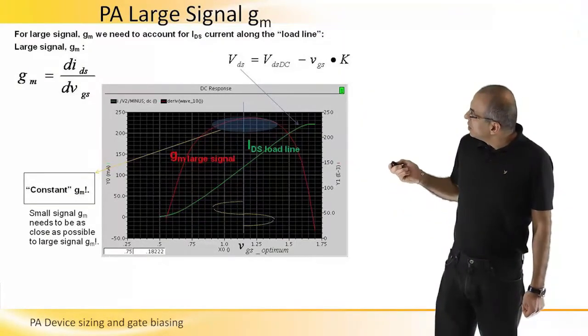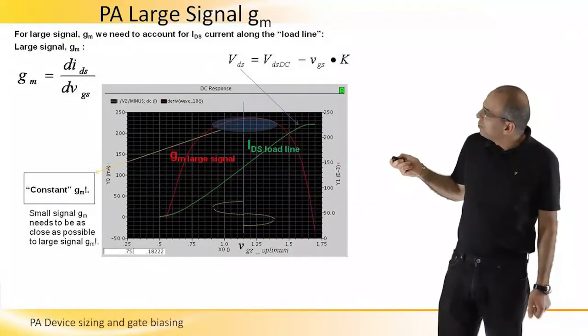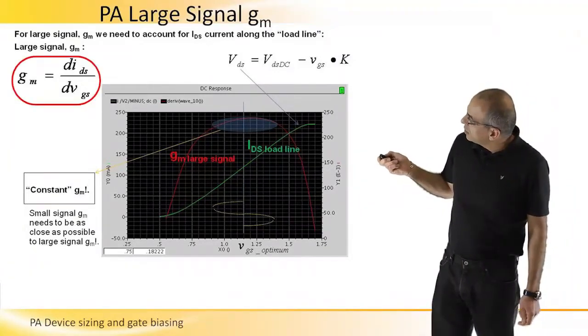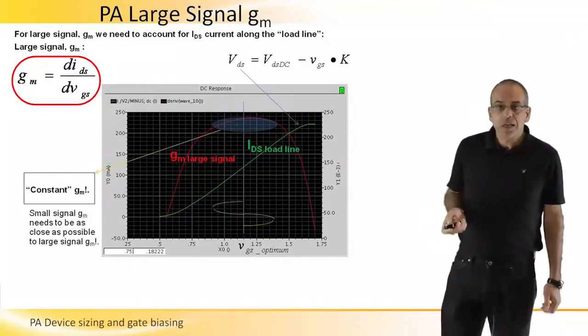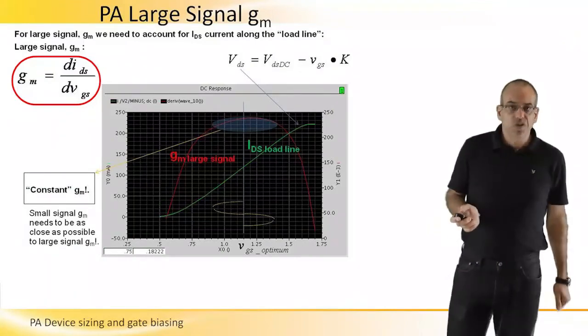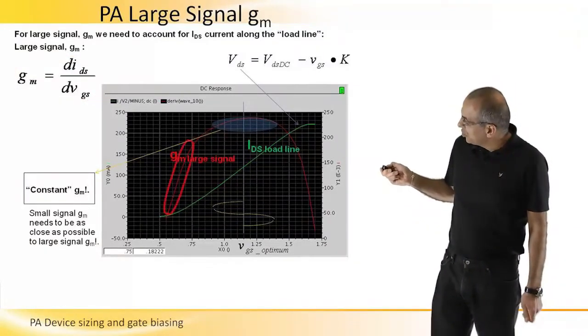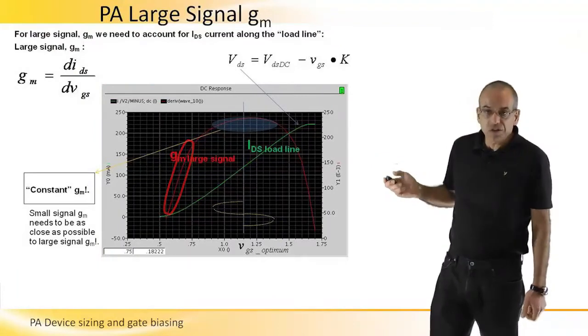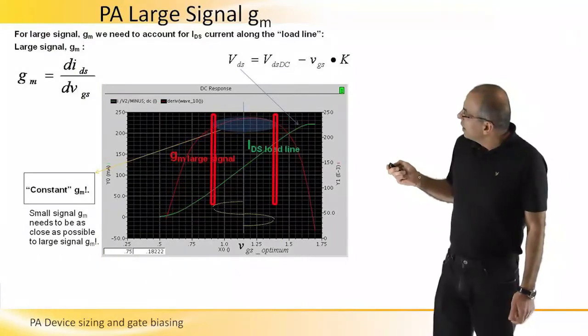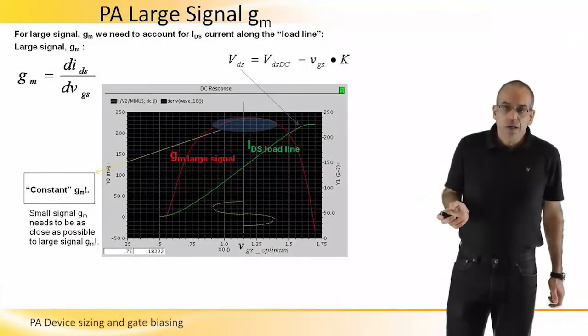And the only thing we need to do after we have the drain current, if we want to get the GM, is to derive the drain current by VGS, and then we get the GM that we see here in red, where this is the large signal GM. So here in the middle we can see the small signal GM, and the large signal GM is described here.